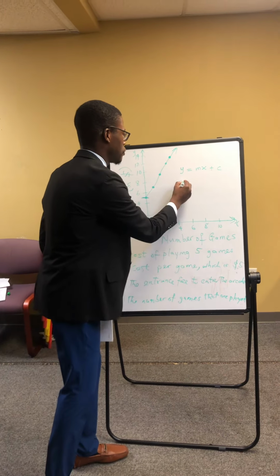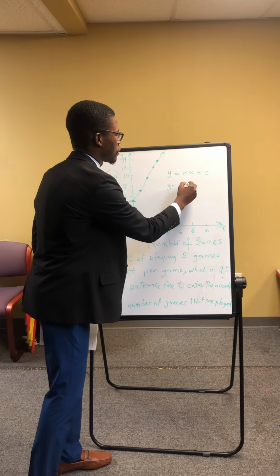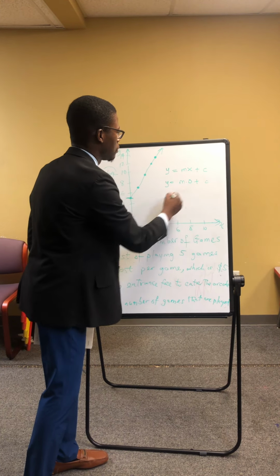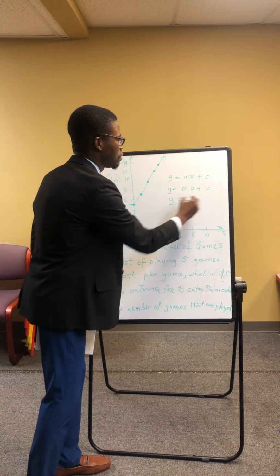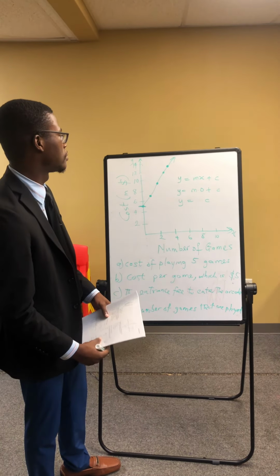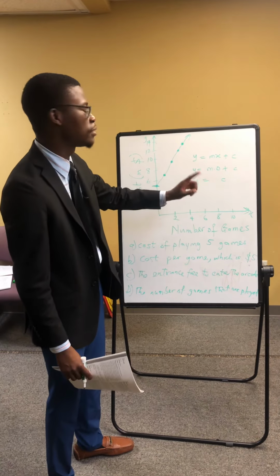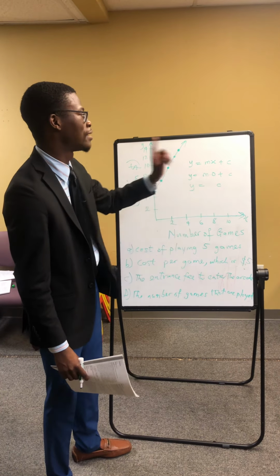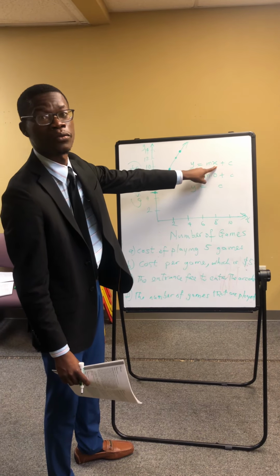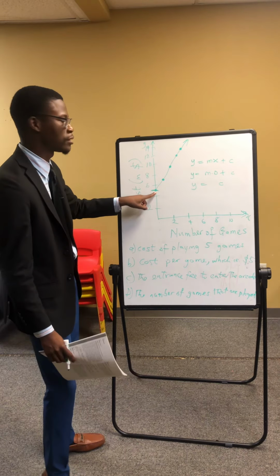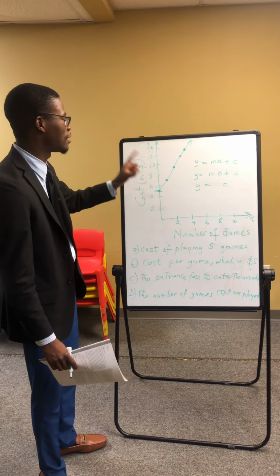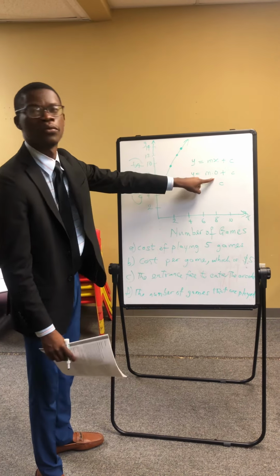So if x is 0, this becomes y equals m times 0 plus c, then y equals c. Right? So there is a point when y equals c, and that point is when x is equal to 0. So that is the y-intercept. The y-intercept is at the point where x is 0.